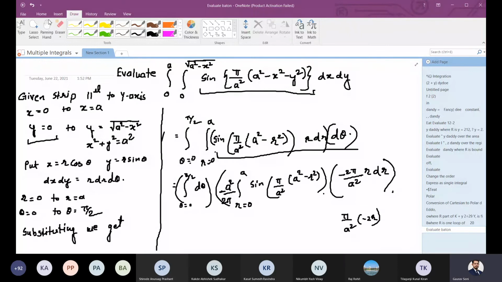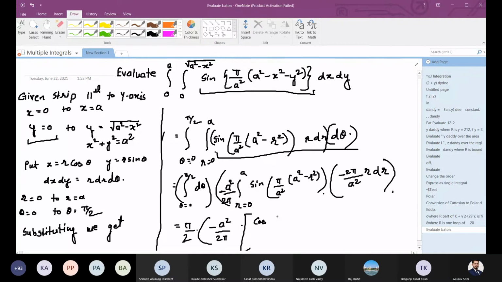So if we integrate this, sine of t dt is something that is there. So this is equal to pi by 2 in bracket minus a square divided by 2 pi. What is going to be the integration is cos of pi by a square in bracket a square minus r square.